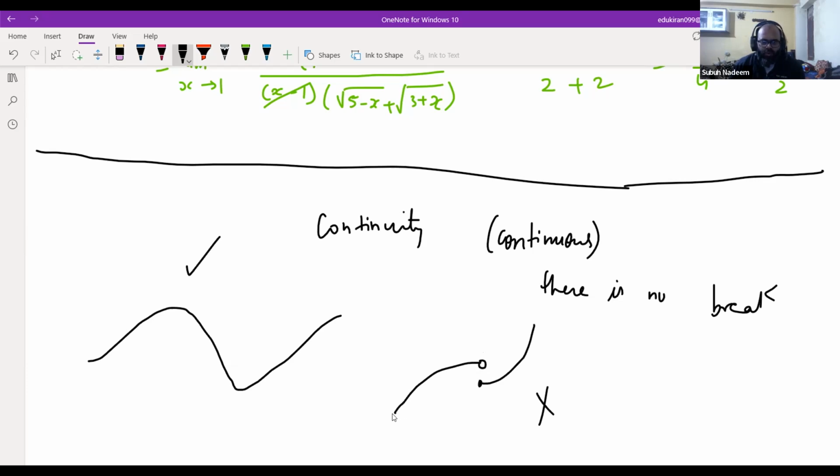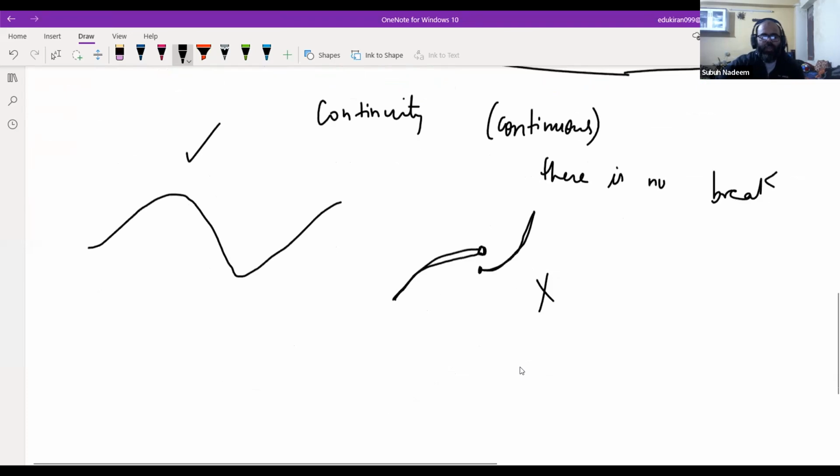That means if you are drawing the graph without lifting the pen, then it is continuous. If you are drawing the graph with lifting the pen, that is you are drawing till here, and then you have to lift the pen and again draw here, this is not continuous. So this is the concept of limit which you have to understand.